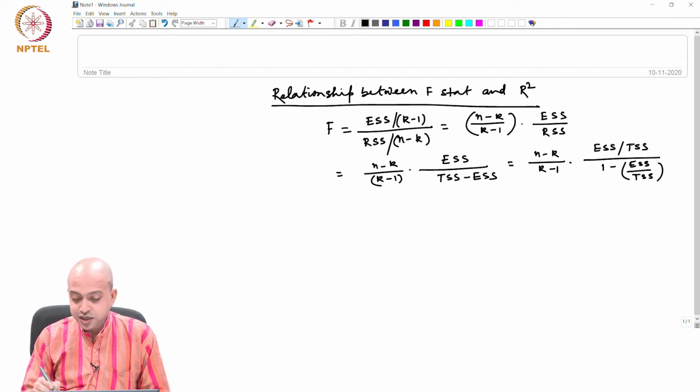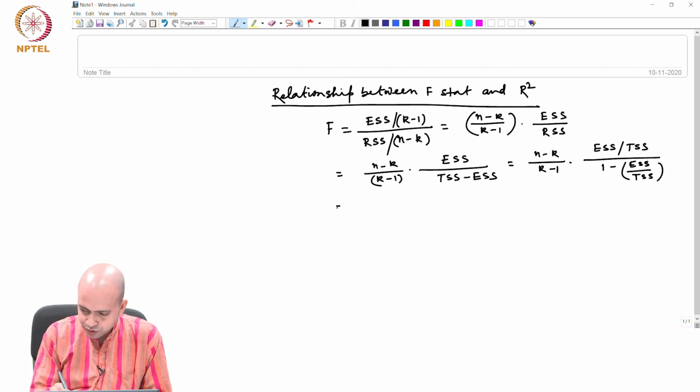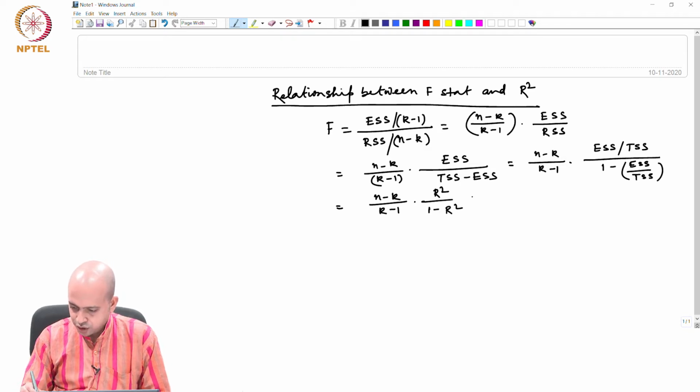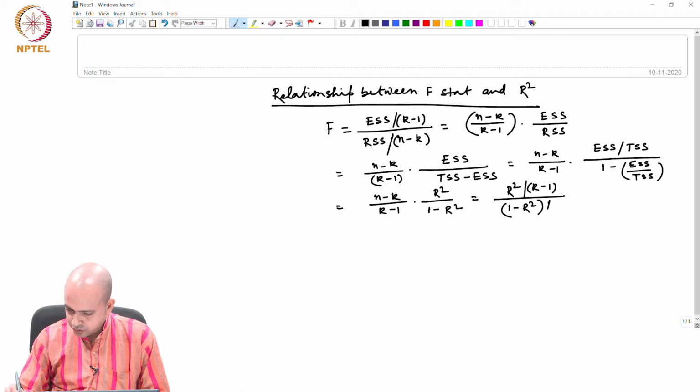Now, ESS by TSS is R square. So, this would become n minus k by k minus 1 into R square divided by 1 minus R square, which equals R square divided by k minus 1 into 1 minus R square divided by n minus k.